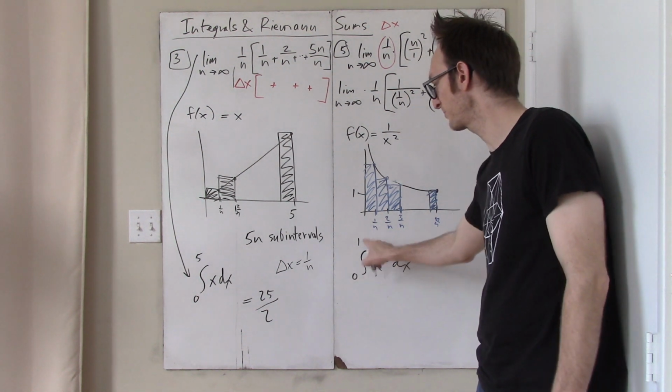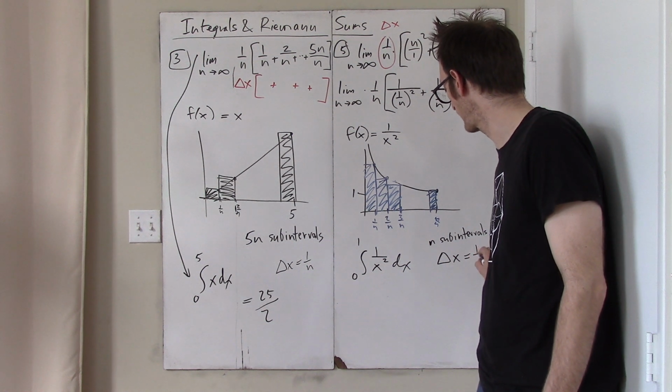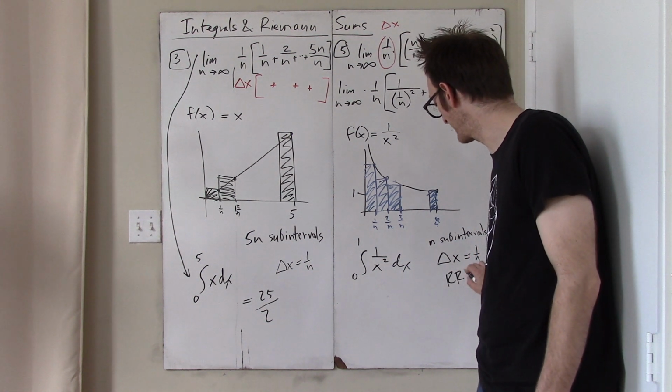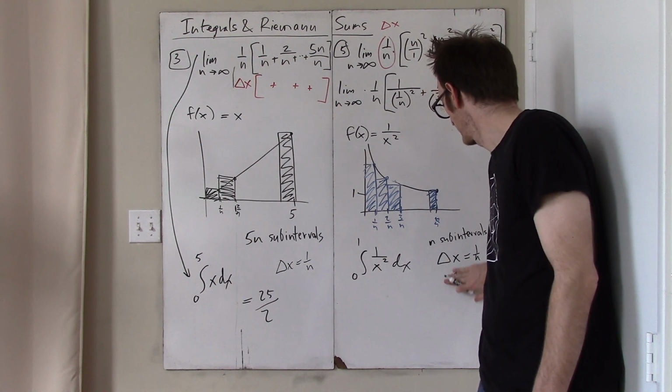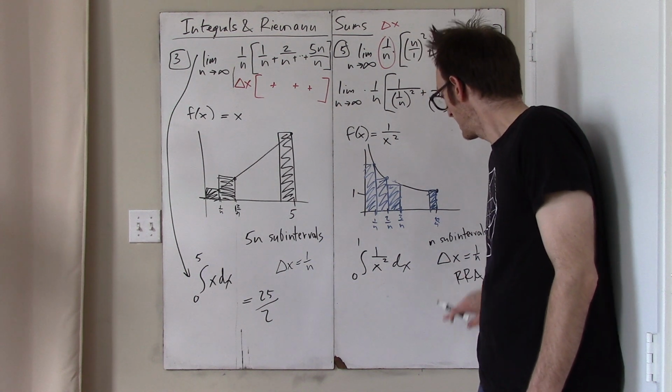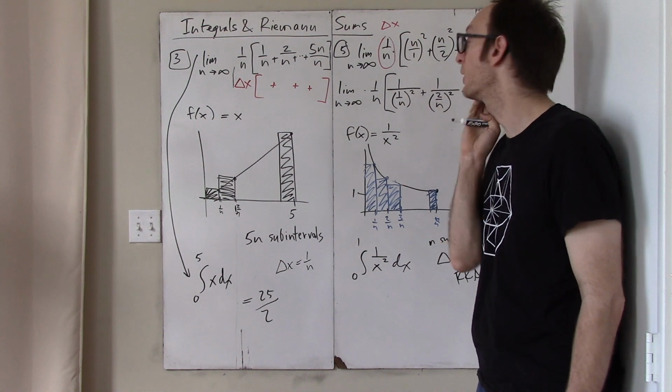I would take the width from 0 to 1. If I was using n subintervals, then delta x would be 1 over n. Then I would use RAM, and eventually I would produce this exact limit.